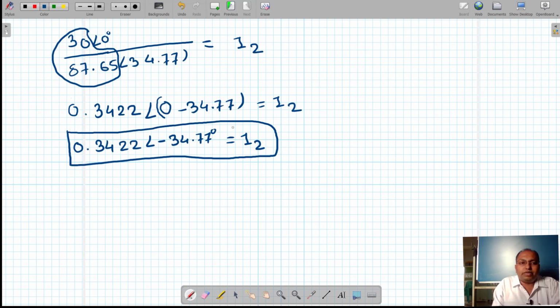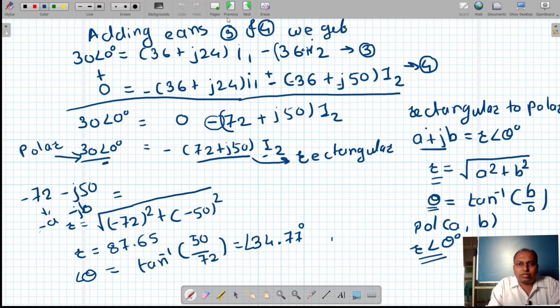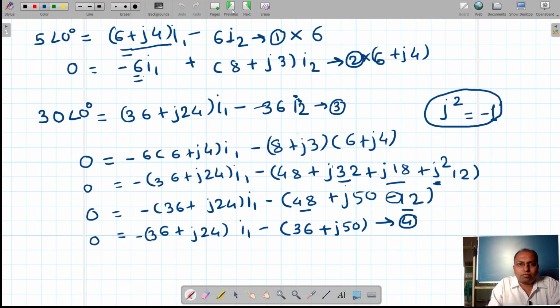Okay, is that fine? Now let us put this value of I2 in any of the equations. Let us go to the previous page. Let us put this value of I2 in equation number 3.